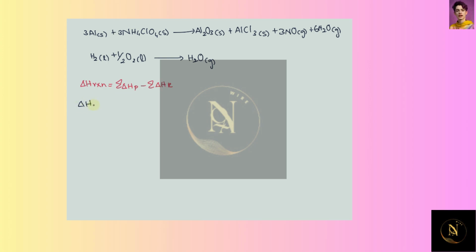The del H of reaction 1 is given by 3 into del H of NO plus 6 into del H of H2O plus del H of Al2O3 plus del H of AlCl3 minus 3 into del H of aluminium plus 3 into del H of NH4ClO4.